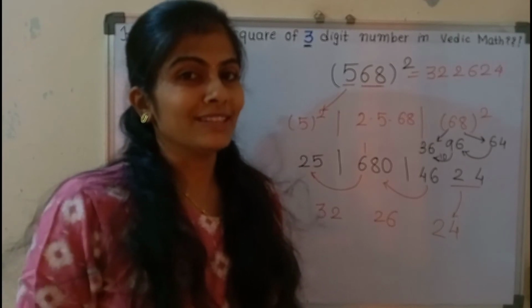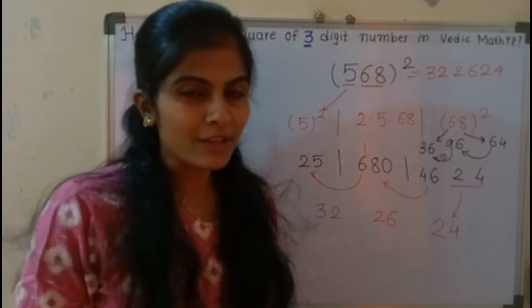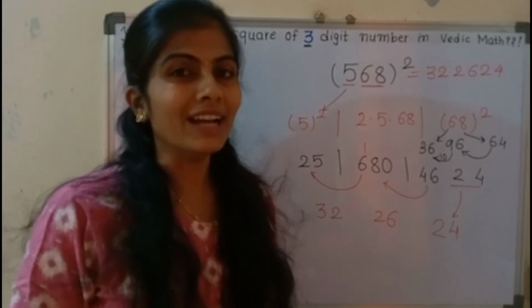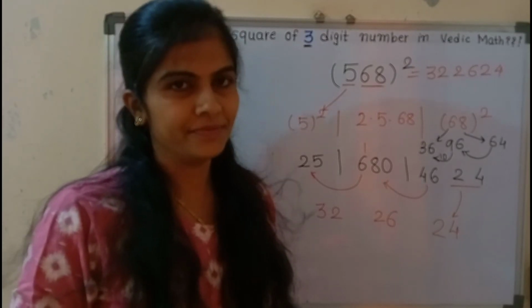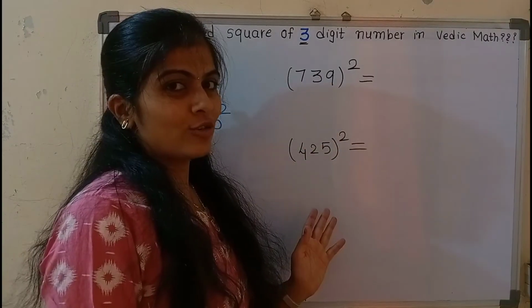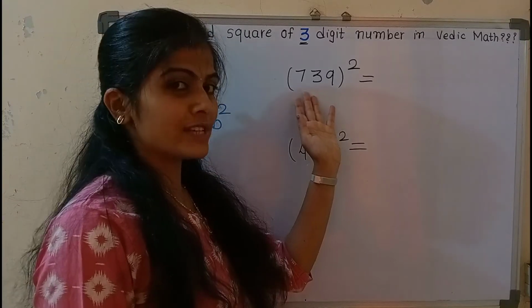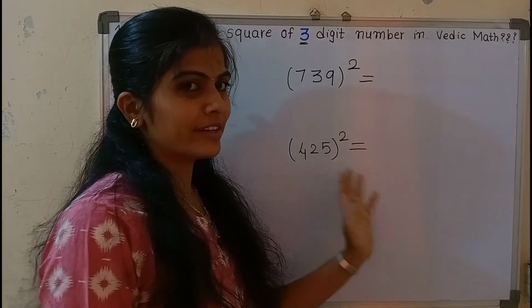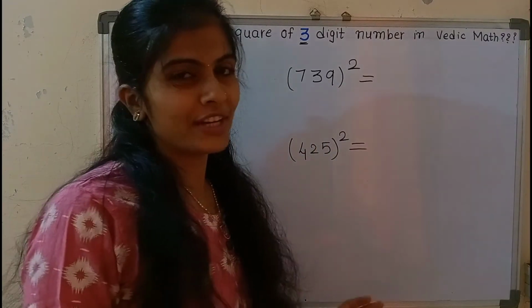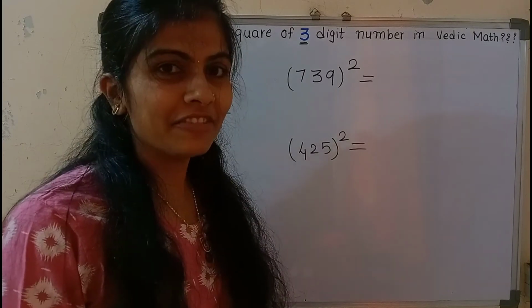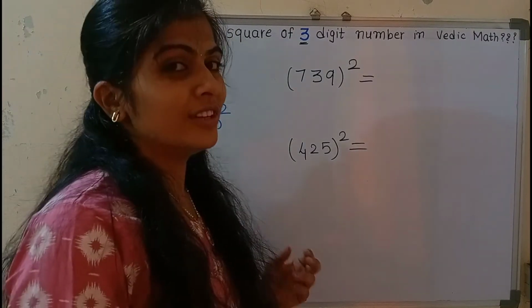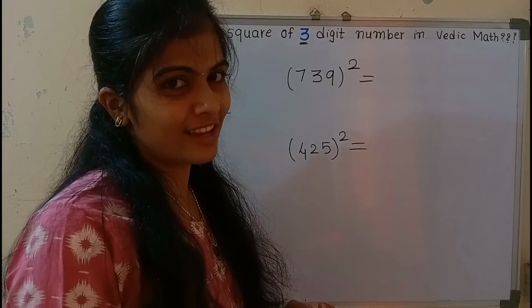Now I'm going to assign you 2 questions. You just write by yourself and I will give you answers of the questions later. So these 2 are the questions. You need to find out square of 739 and 425. You can write by yourself and I will give you the answers. So your time starts now.